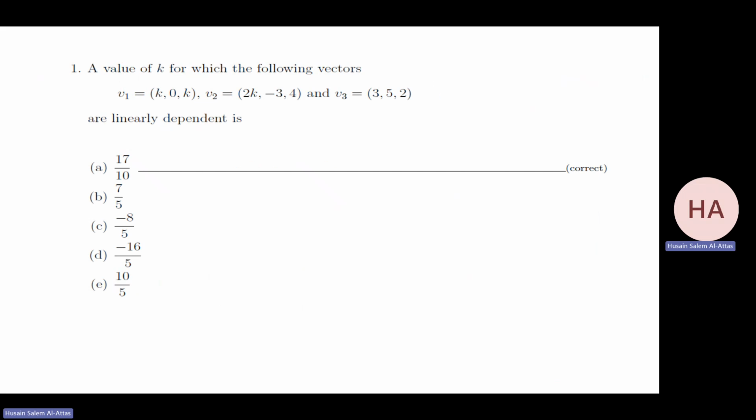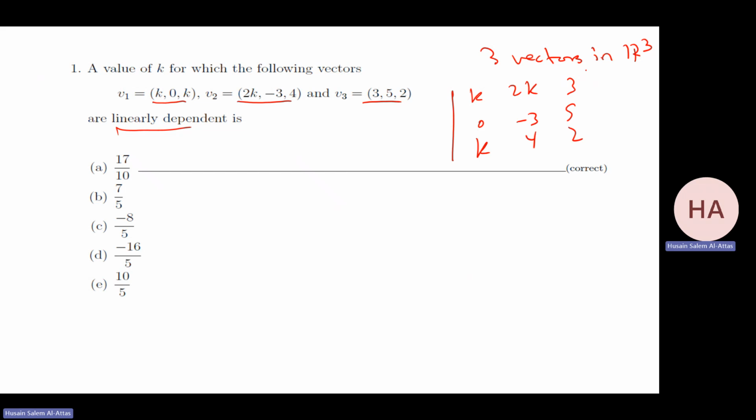A value of k for which the following vectors are linearly independent. How many vectors do I have? 3. I have 3 vectors in R3. That means what? Right away I can use the determinant. K, 0, K, 2K, minus 3, 4, 3, 5, 2.